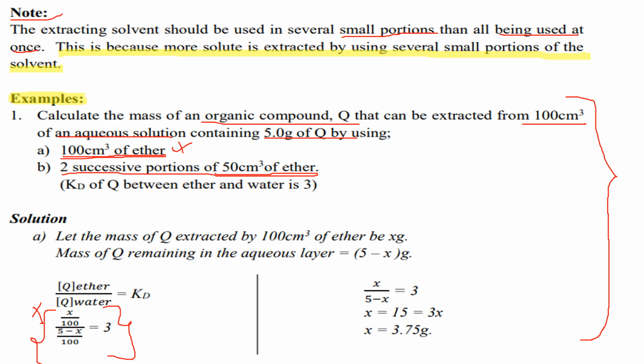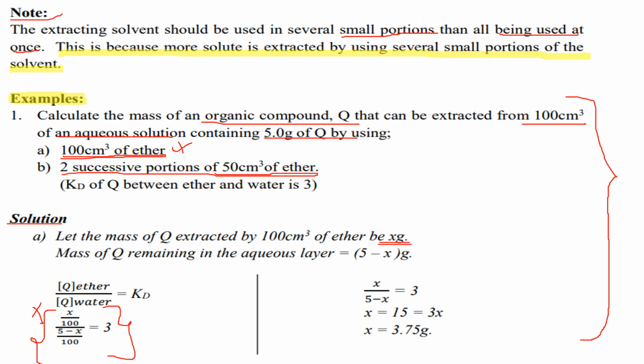So for the solution, let the mass of chew extracted by 100 centimeters cubed of ether be x grams. Remember, we're extracting chew, but we're not going to extract all of it. We are going to extract a portion of it. So the mass that we are going to extract be x grams.